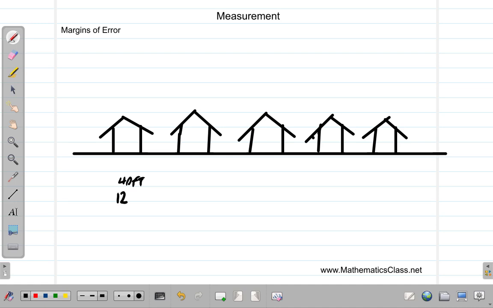So you have 30 times 40, which is 1200 centimeters, or 12 meters. You get the idea, all right? The width of each house must be 12 meters.